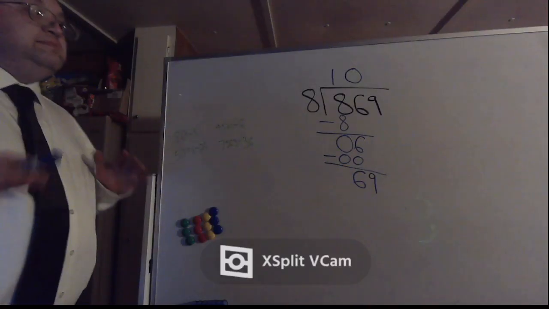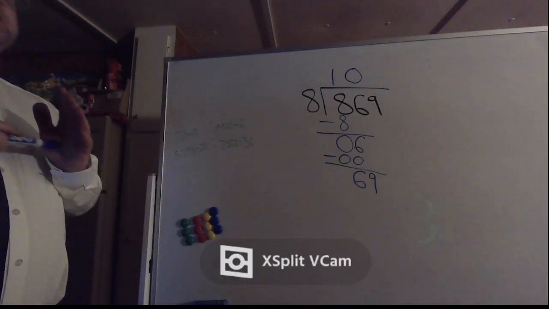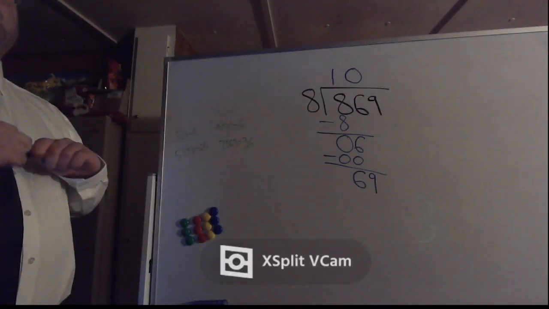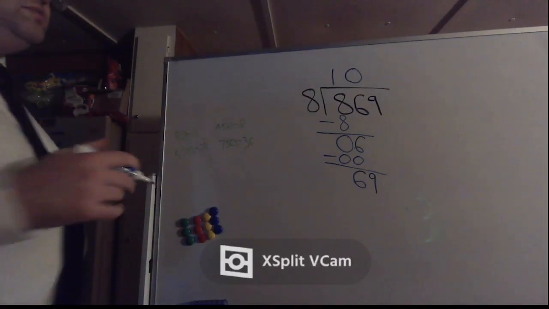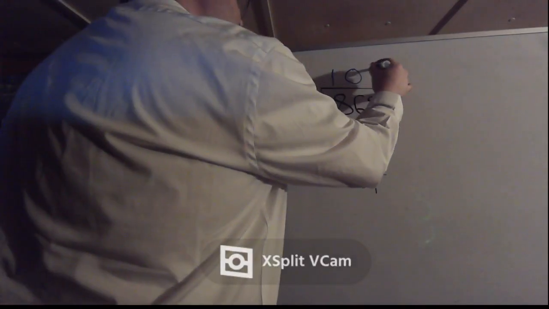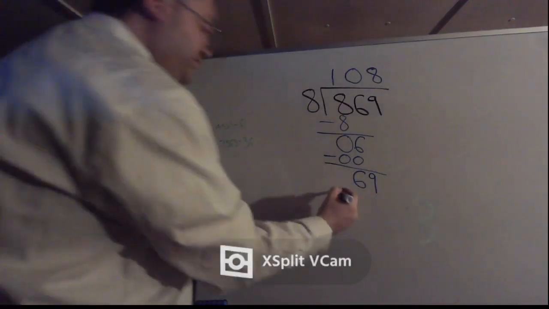How many times does 8 go into 69? Well, 8 times 8 is 64. 8 times 9 is 72, which would put us over. So we can't go over, so 8 goes into 69 8 times. So 8 times 8 here is 64.